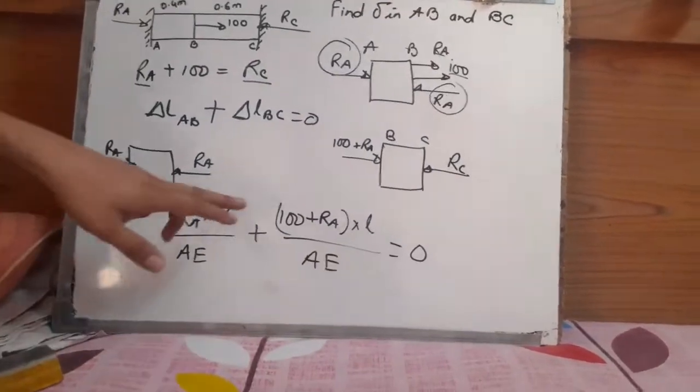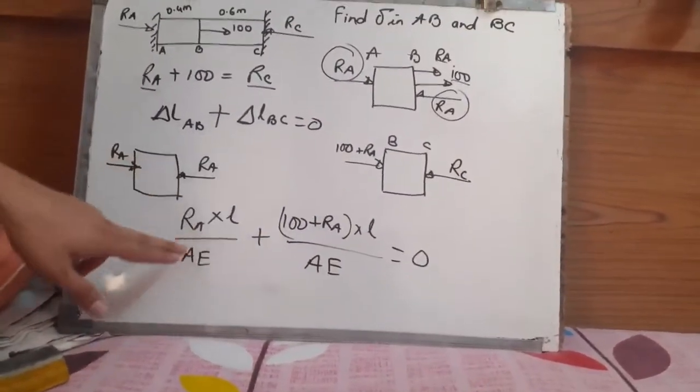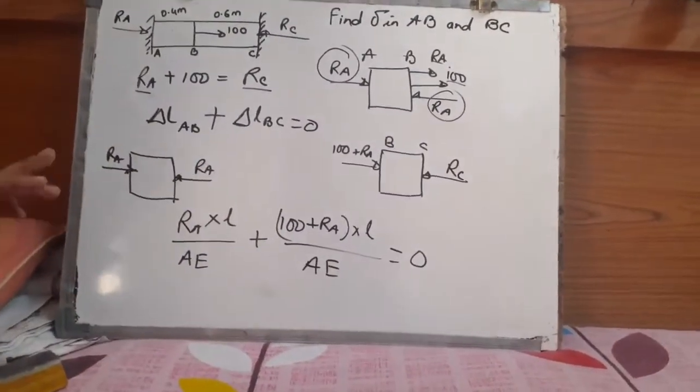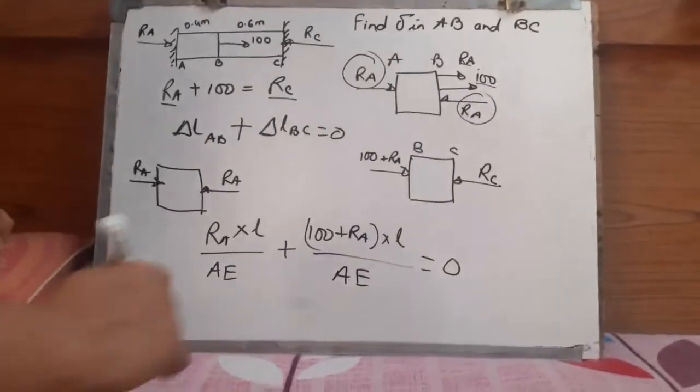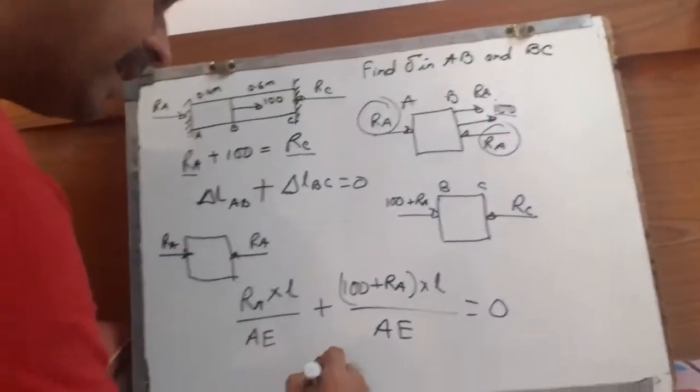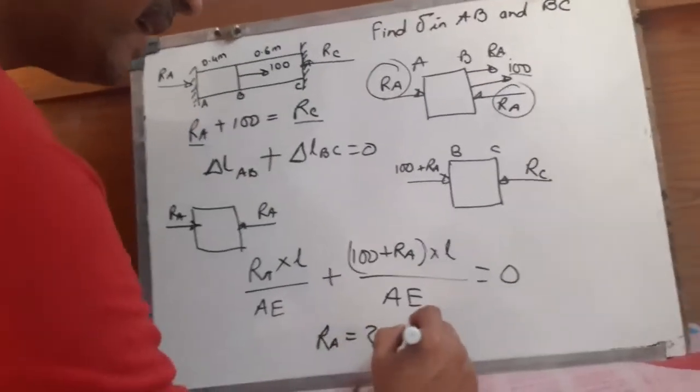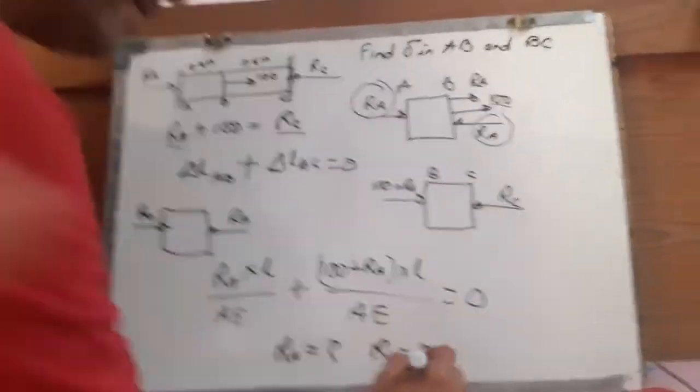In this equation you can see that L, A, E all are known to you. So only RA is unknown. So from here you calculate RA. So once you get RA, you get RC.